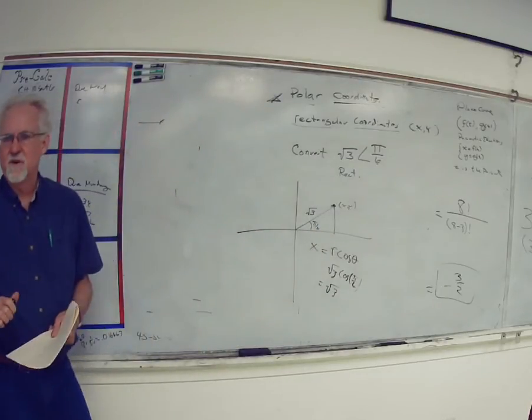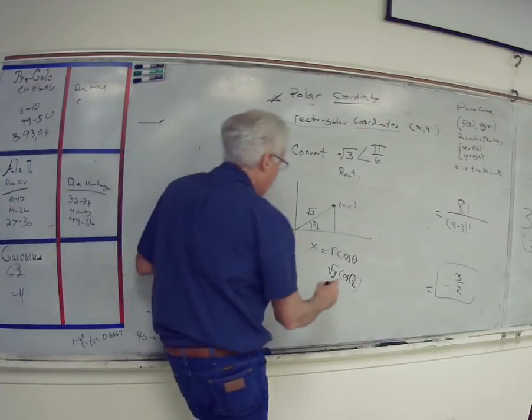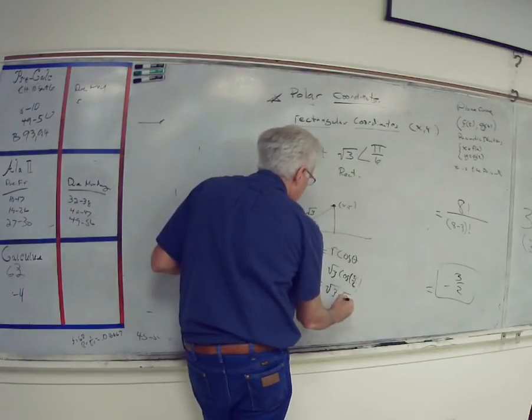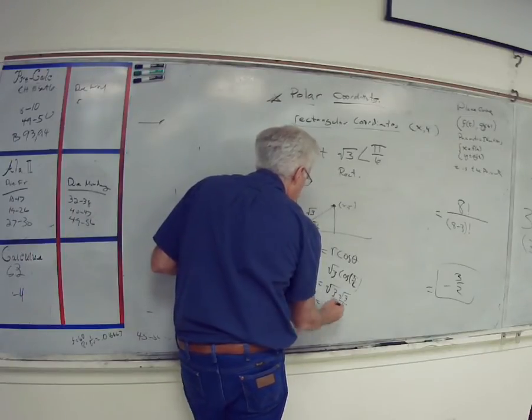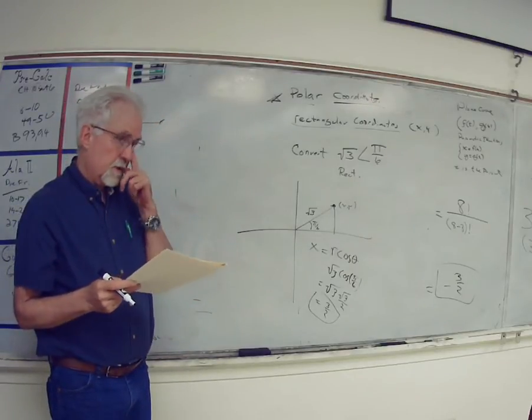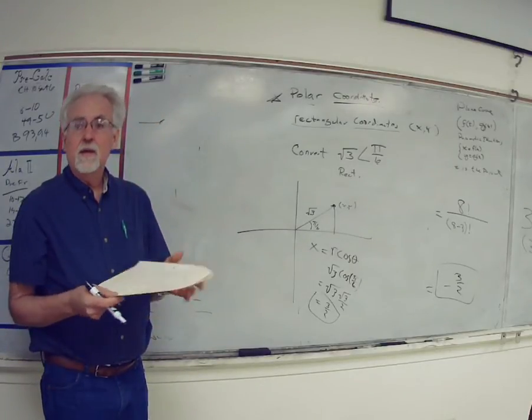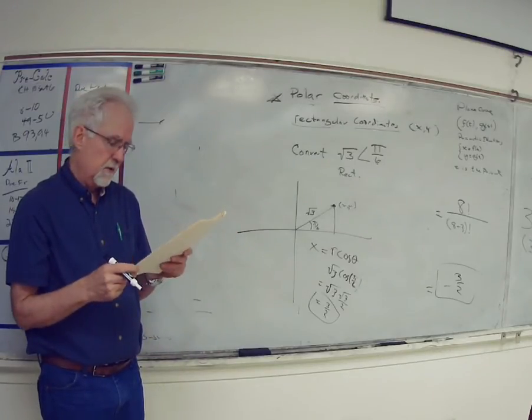Think of the unit circle. It's the square root of 3 over 2, right? So this is equal to 3 halves. That's why you need to use the unit circle, because you'll get exact answers. So when you're working on the homework, get out the unit circle, and the angle should be on the unit circle.